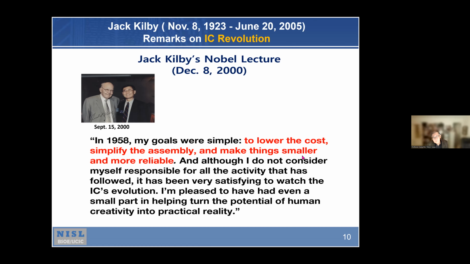We want to minimize physical size and increase reliability. You had a lecture on MOS reliability, but reliability is very, very important. So that's the essence of VLSI technology: lower the cost, simplify the assembly.